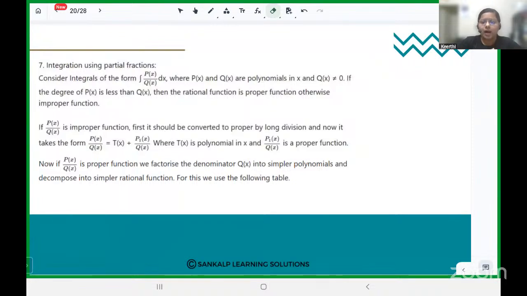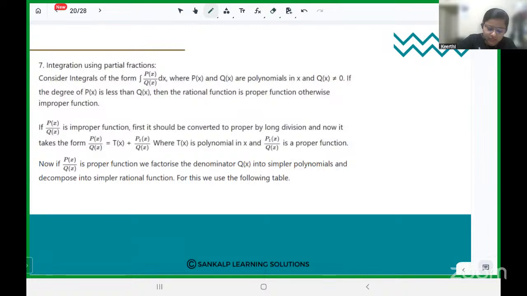So how will you identify? Identifying which method to use for integration is very important, right? How do you identify the questions or functions that use integration by partial fraction? There are certain conditions given here. First condition: the function should be of the form f of x by g of x.